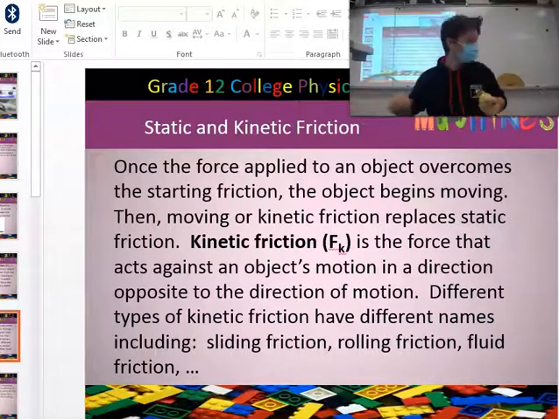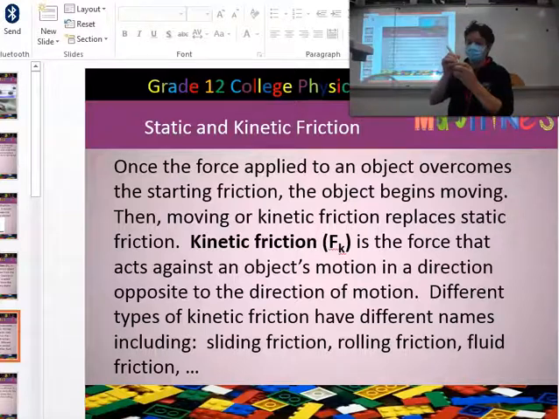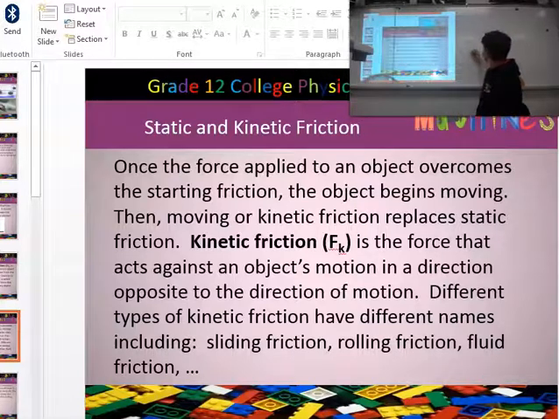So if I were to show you an example and draw on this ball with a dry erase marker, and then roll it across the surface of the board, you see it only comes in contact and then it doesn't rub up against that surface. However, if I were to do that, that's different. Now it slides across. This is static, this is kinetic.